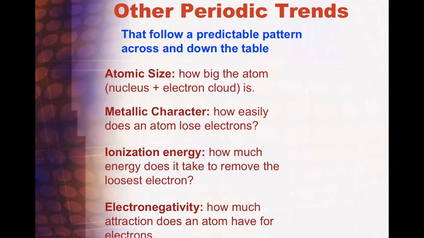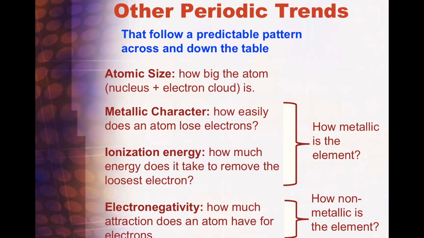And then the final trend we're going to look at is something called electronegativity, which is a measure of how much attraction an atom has for electrons. Looking at these last three trends, the first two, metallic character and ionization energy, are a measure of how metallic an element is, whereas electronegativity is a measure of how non-metallic an element is.